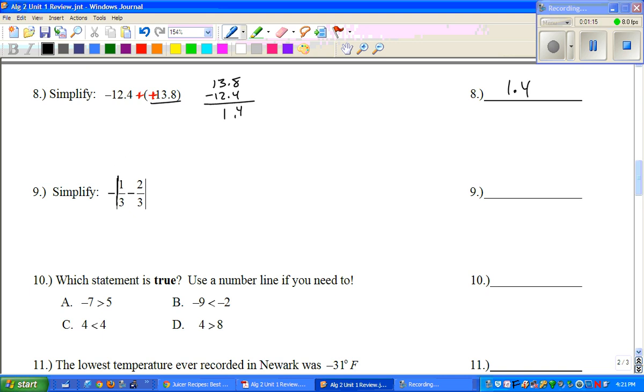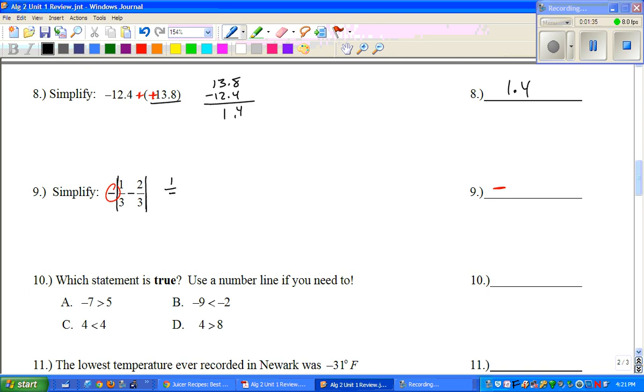Now, these brackets right here are called absolute value brackets. And absolute values turn whatever is on the inside positive, okay, because we want to know the distance. However, that negative on the outside means no matter what happens, my answer is negative, because I want the opposite of that.